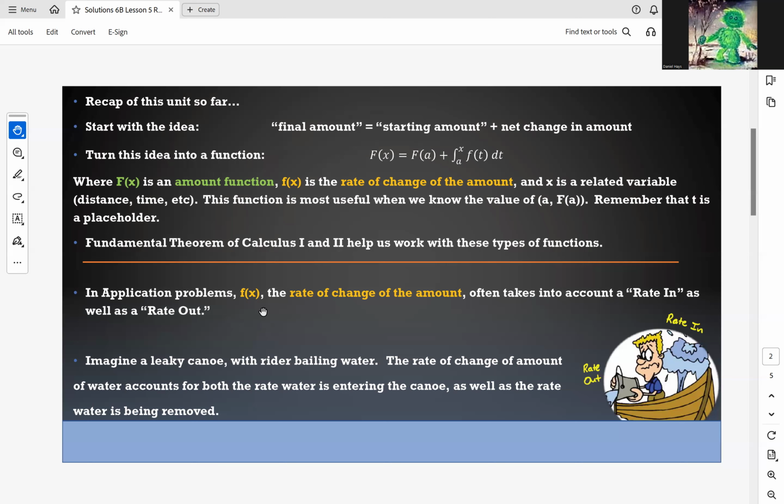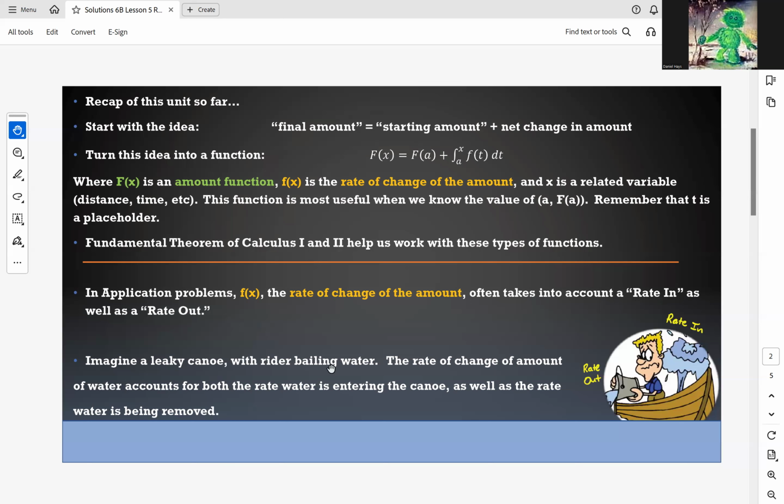In these problems, let's assume we do have a function for amount, a rate of change of amount as well. And the problem will typically ask you to look at a rate in as well as a rate out. So, for example, imagine a canoe that is leaking water, or rather taking on water.